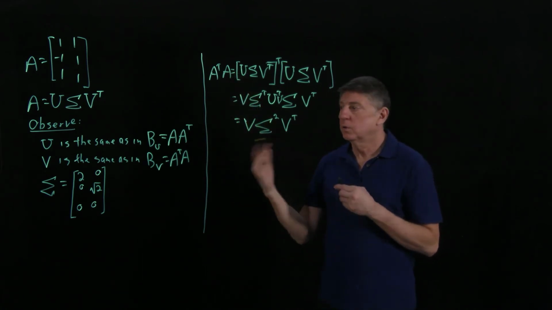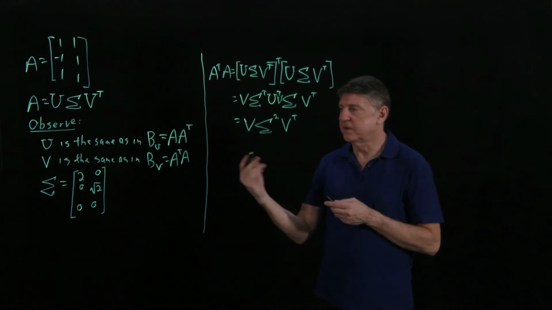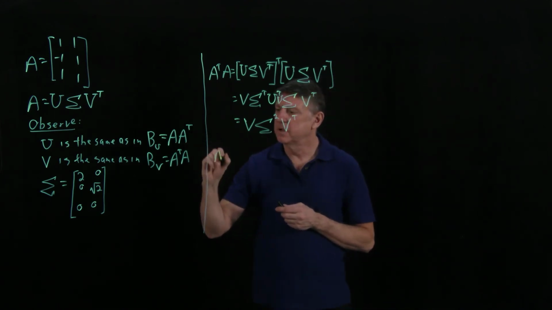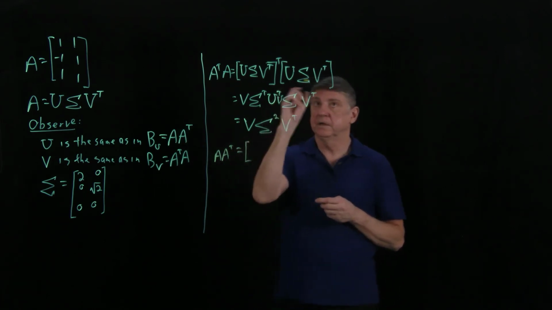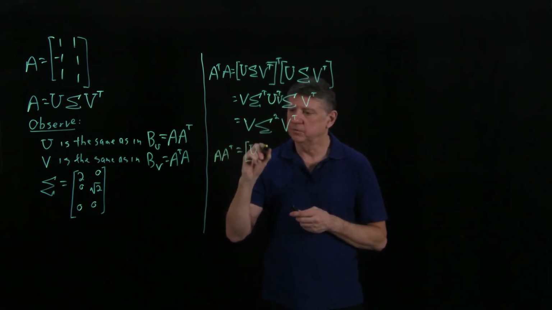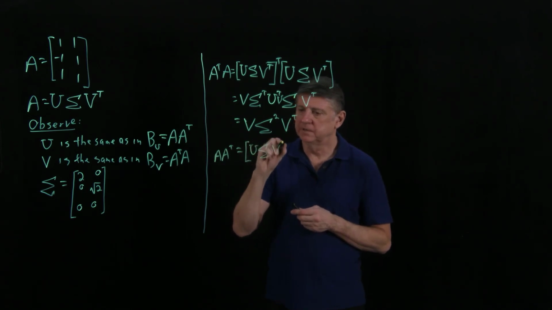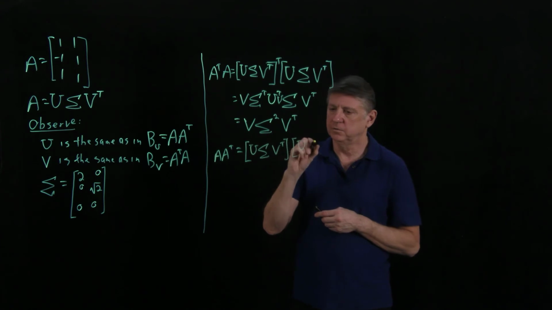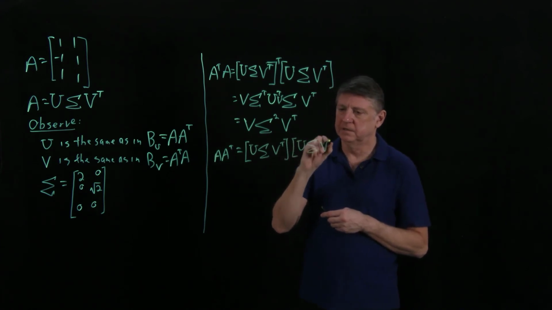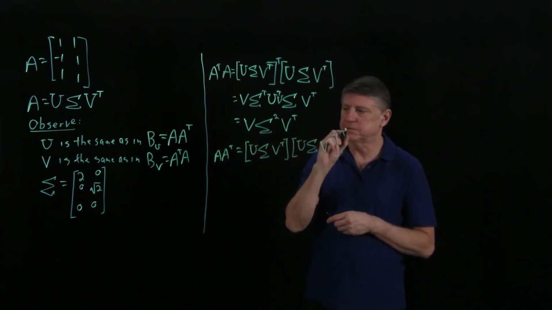Let's now explore the other transpose product. So A A transpose likewise will be U sigma V transpose times U sigma V transpose, all transposed.